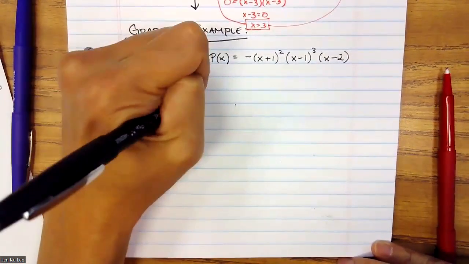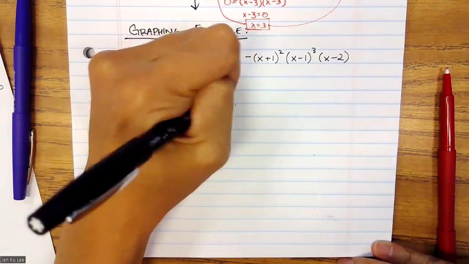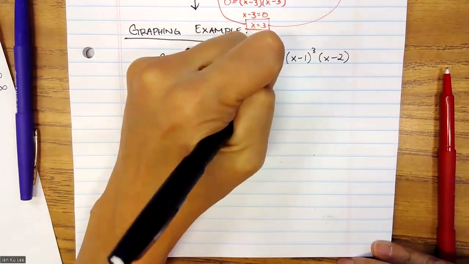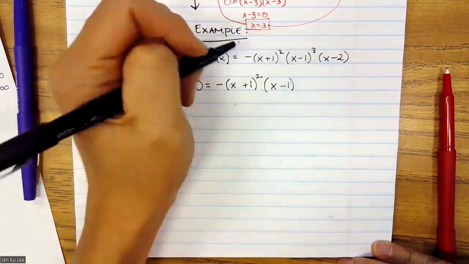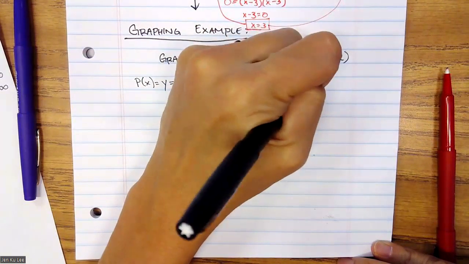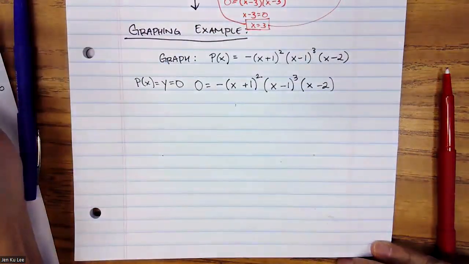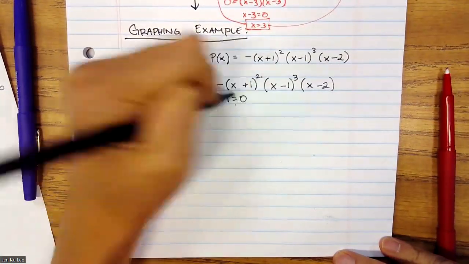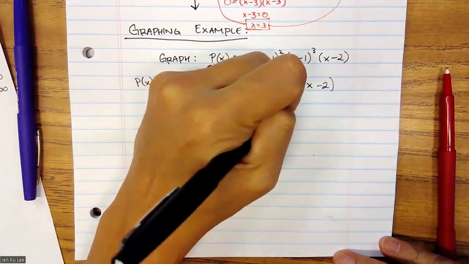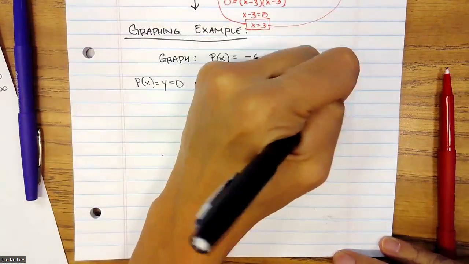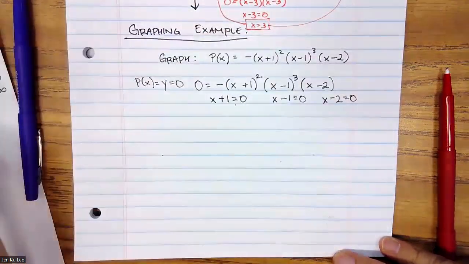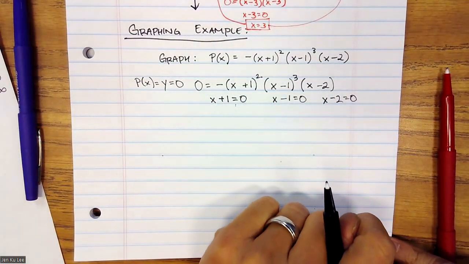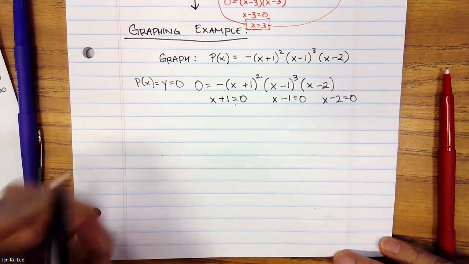So that's 0 equals negative (x plus 1) quantity squared times (x minus 1) cubed times (x minus 2), right? So I know x plus 1 has to be 0, I know x minus 1 has to be 0, or x minus 2 is equal to 0, right? You're going to set each factor equal to 0.